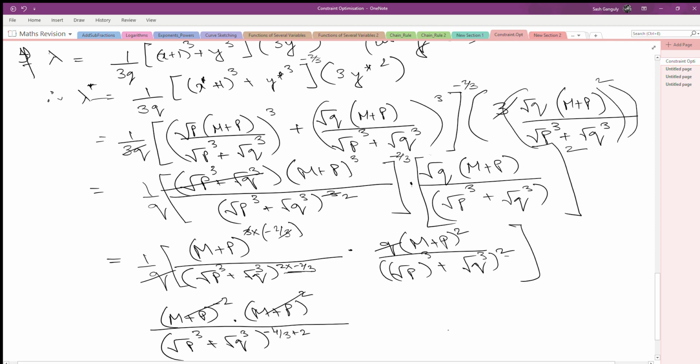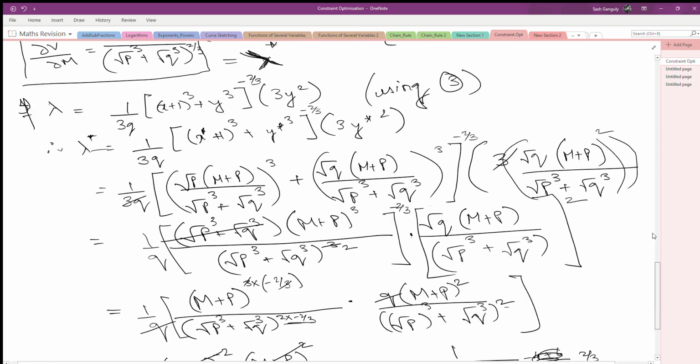These terms would cancel out, and I have what? 1 upon root p cube plus root q cube, and the entire thing have power of 3 minus 4 plus 6, so that is 2 by 3, and that is the same as del v by del m. So hence proved that lambda star is equal to del v by del m.